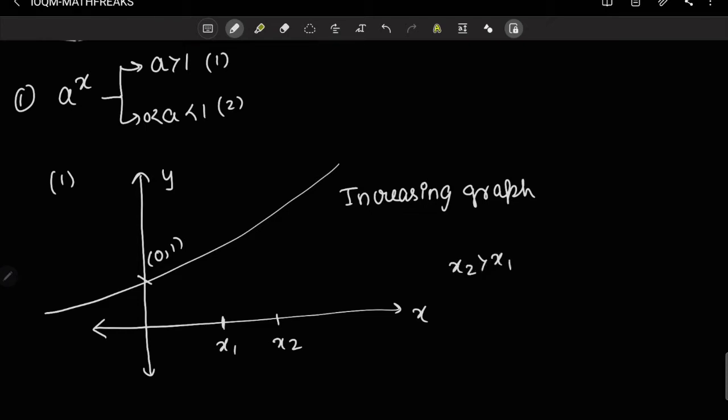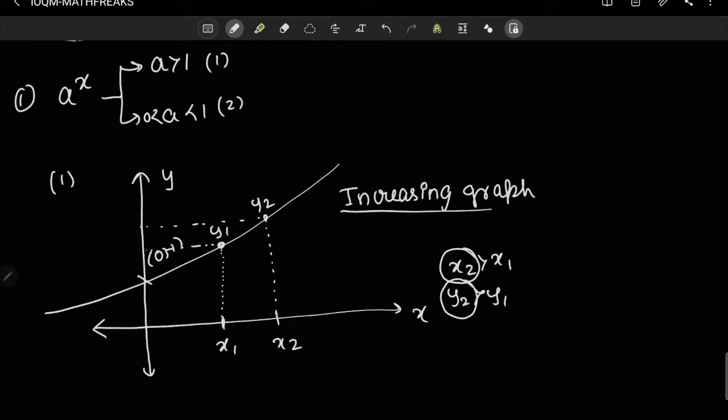And if you check the value of y for x1 and x2, say this is y1 and this is y2, if you plot this on the y-axis, you will find that y2 is also greater than y1. So with an increase in x, our y is also increasing, hence it is known as an increasing graph.